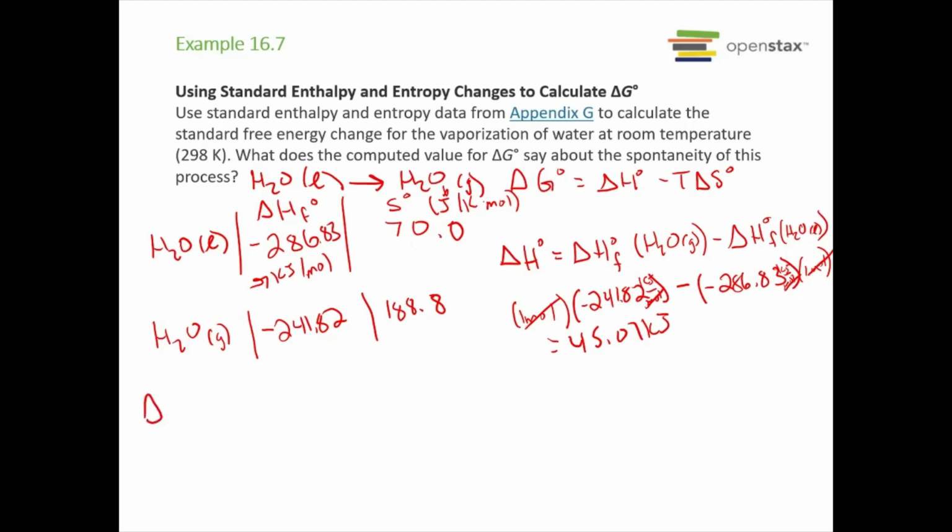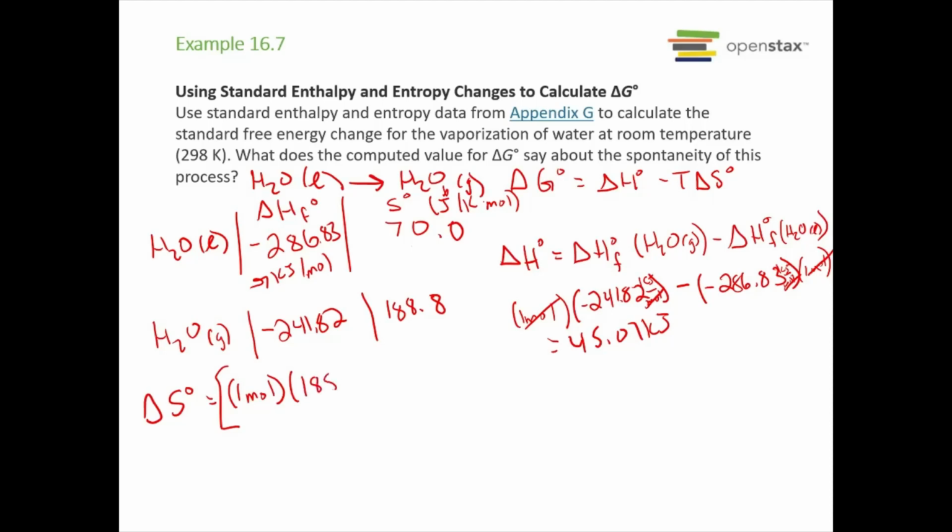And we can calculate our change in entropy. So we have 1 mole from our balanced reaction times our product entropy, which is the gas, since that's what we're ending with.